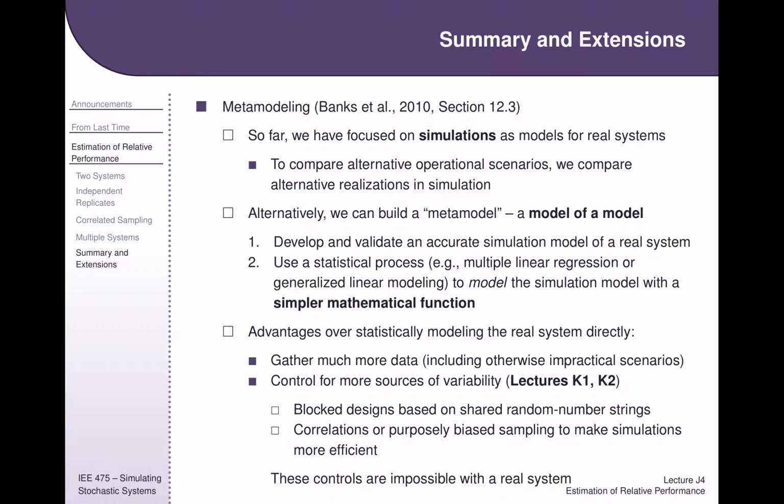We're controlling for sources of variability. We are assigning certain parts of the variability in the output to the input by controlling the input in a way that we cannot control in the real world. And by applying that control, it allows us to slice the variance up so we can get more explanatory power for the aspects of the variance that are truly due to real differences between our two systems.